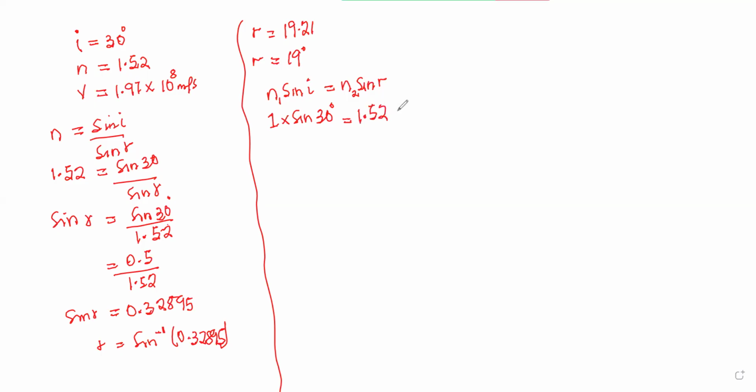So it's like 1 times sine of 30 degrees is equal to the refractive index of crown glass, 1.52, times sine R. So it gives us the same expression of sine 30 divided by 1.52. This is still the same as 0.5 over 1.52, which will be equal to exactly what we had.